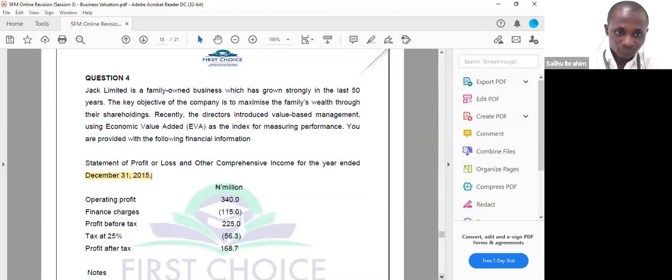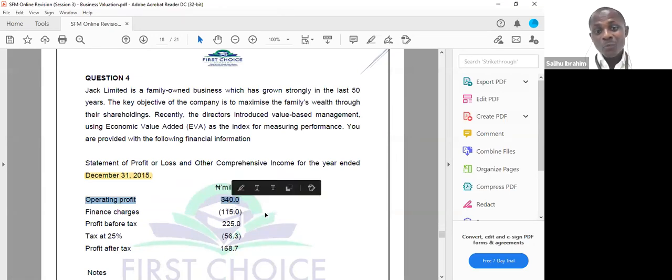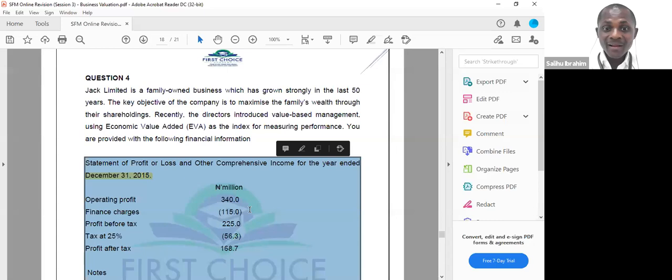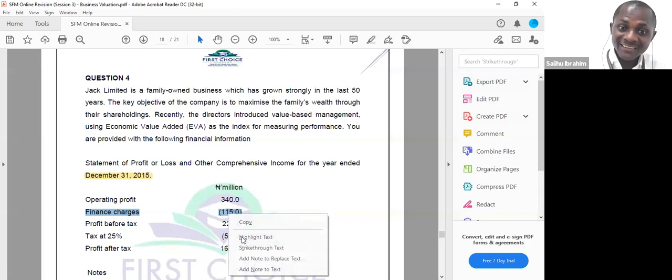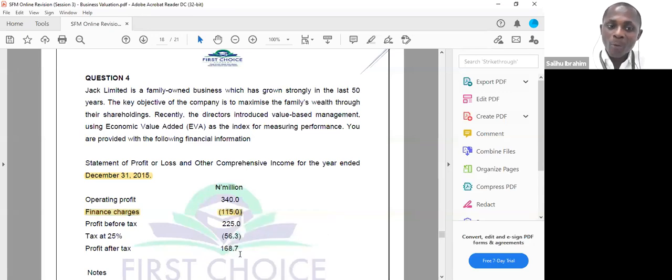This is my profit before interest and tax, 340. Now, you see that when I prepared this financial statement, I deducted my finance charge. Because I have deducted my finance charge, it means my tax has reduced, right?